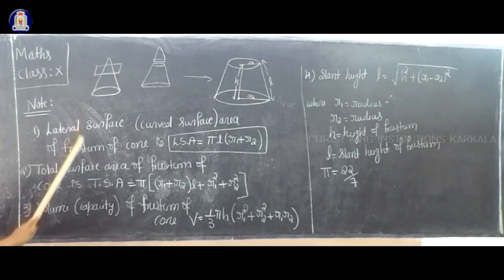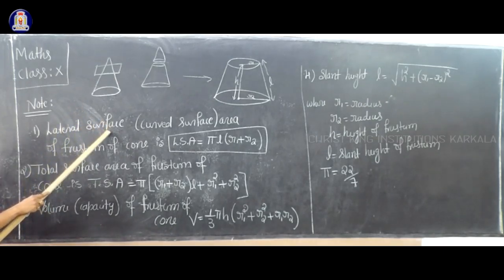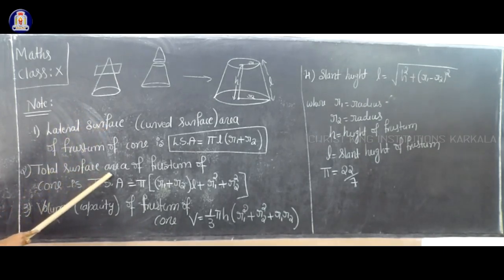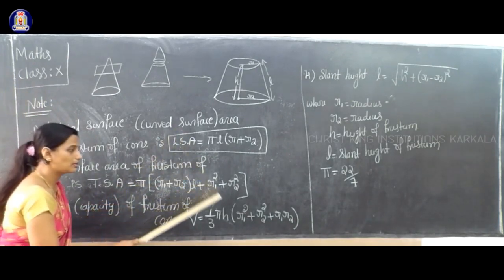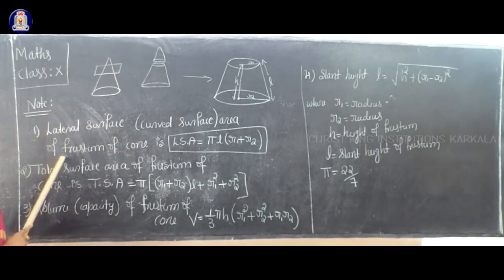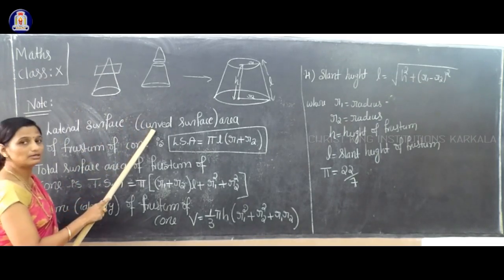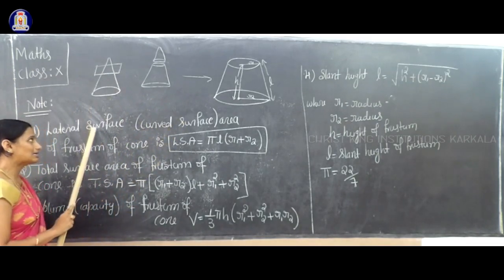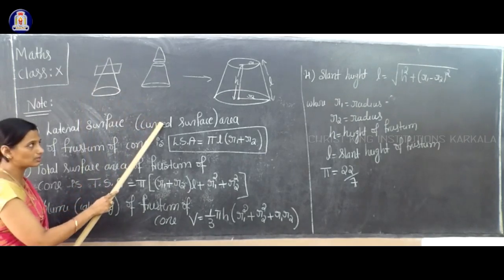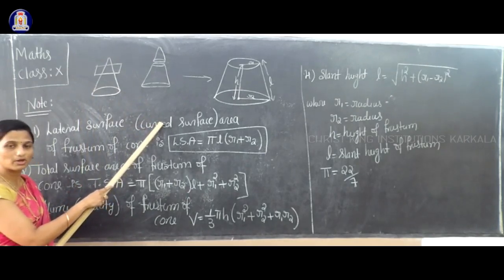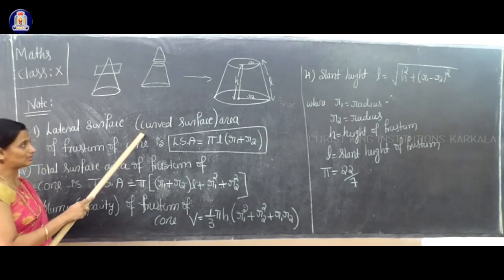So now we will discuss what is lateral surface area, what is total surface area, and what is the volume of the frustum of the cone, the formulas. All these formulas are very important and problems are important. So first we will see lateral surface area, that is also called curved surface area. Lateral surface area or curved surface area, already you know from your 9th class and 10th class.